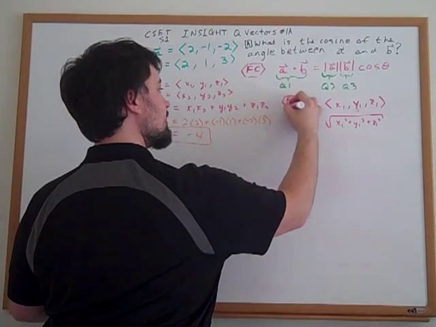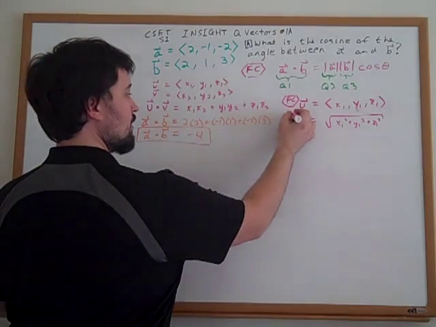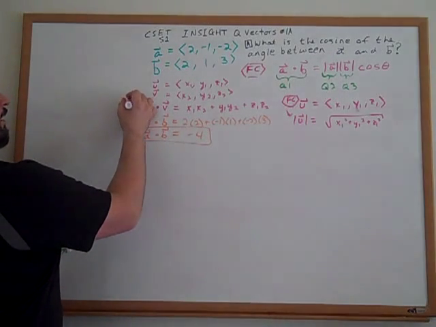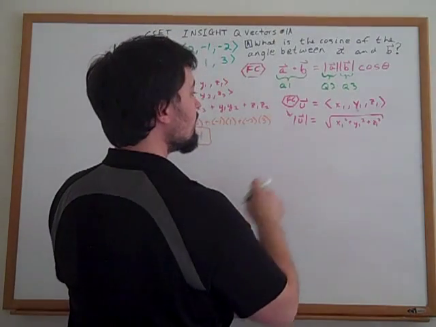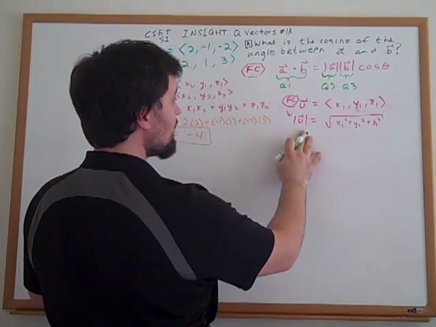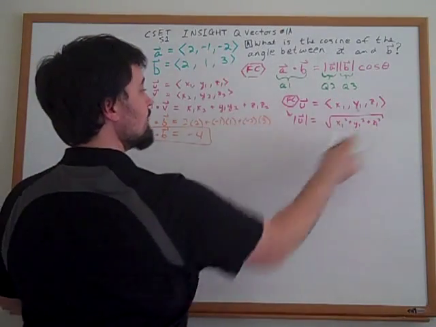So another flashcard concept for our magnitude and also for our dot product. So applying this to the question now, we simply have to plug in our 2, negative 1, and negative 2 values.